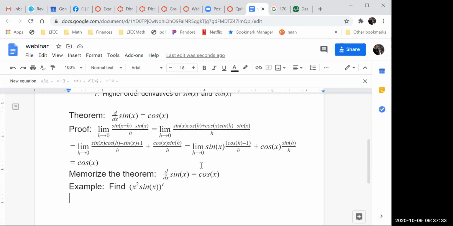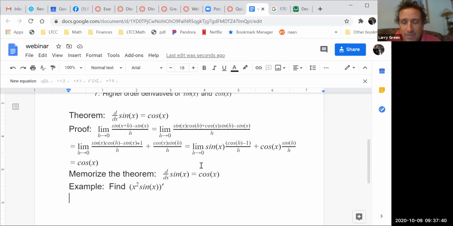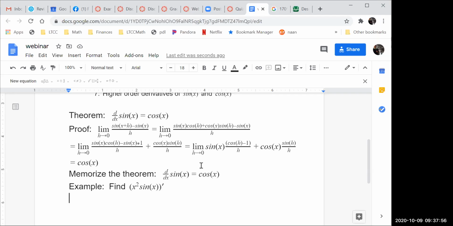Is it 2x times the cosine of x? Not quite. You got to remember what we did on Monday. So put it in the chat box is probably best. The hint is you have to remember what we did on Monday or you're not going to be able to get this. Yeah, I forgot the product rule. Yeah, that's it.